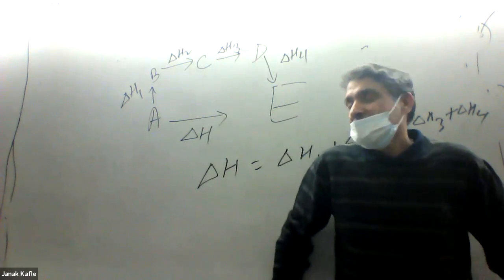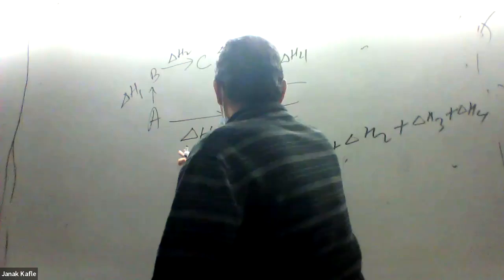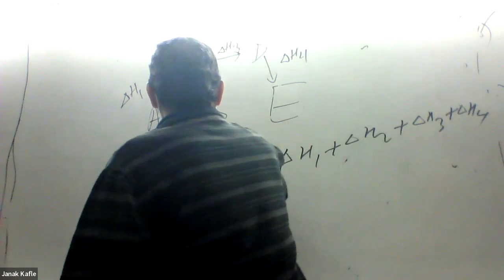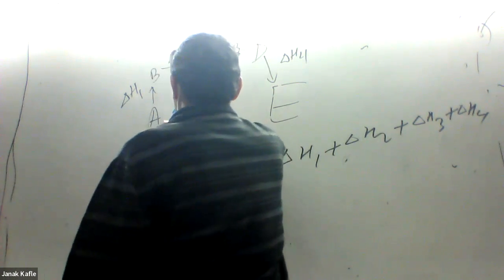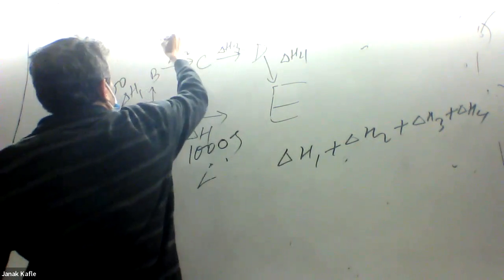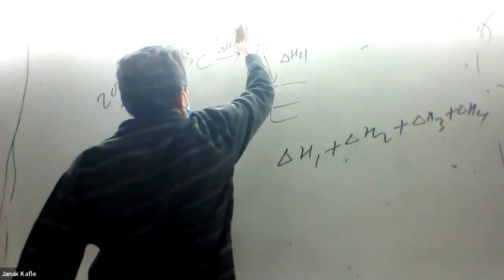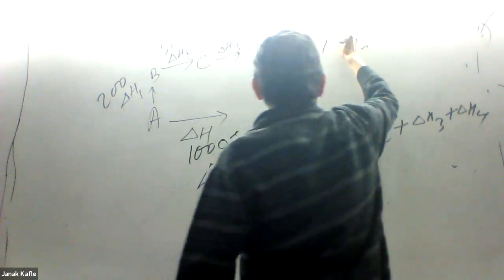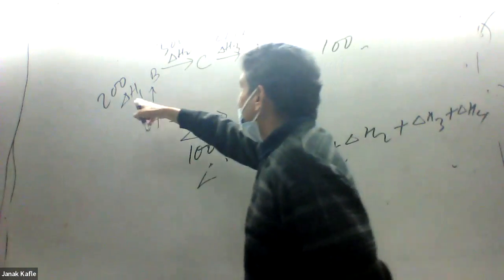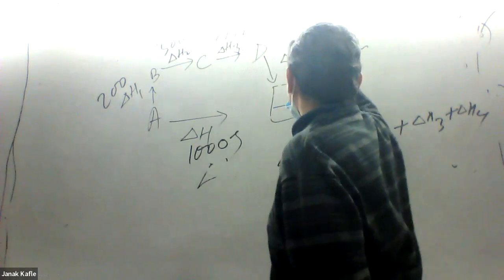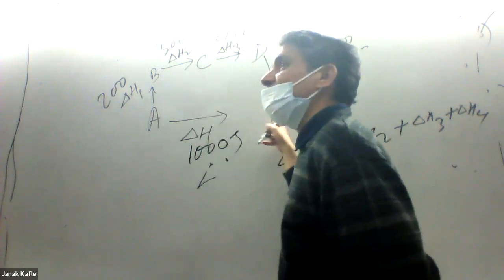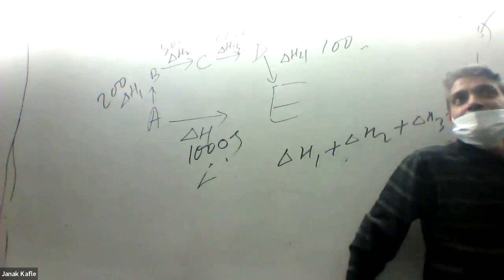Make sense? Let's say going from here to here is 1000 joule. So maybe this is 200 joule, this is 300 joule, this is 400 joule, and maybe this one is 100 joule. Now look here, 200, 500, 900, 100, 1000. And the direct way is also 1000 joule, right?